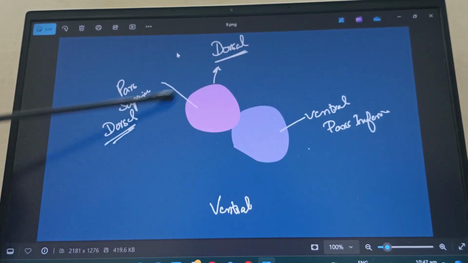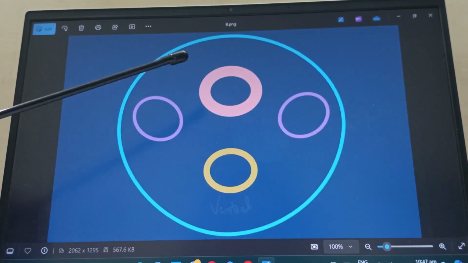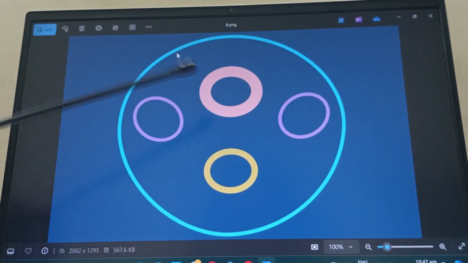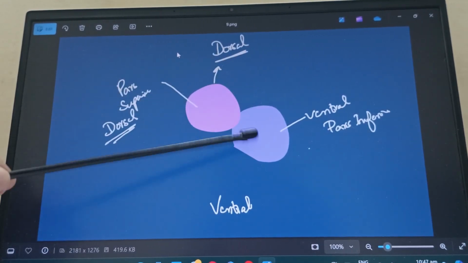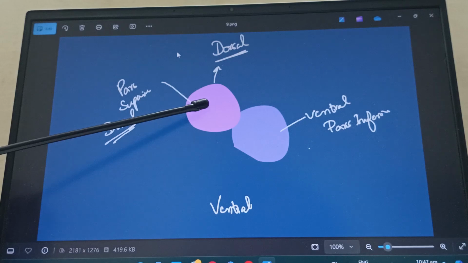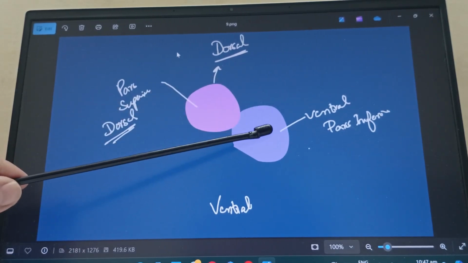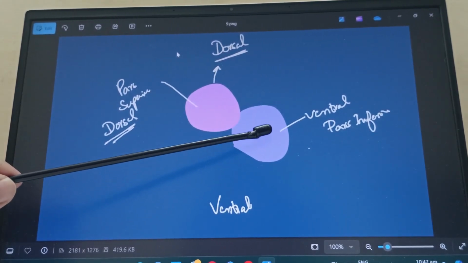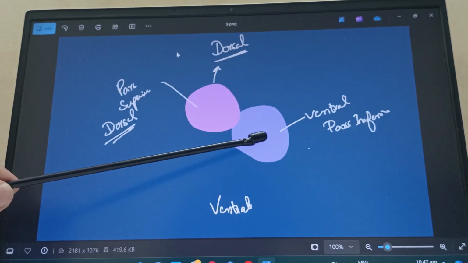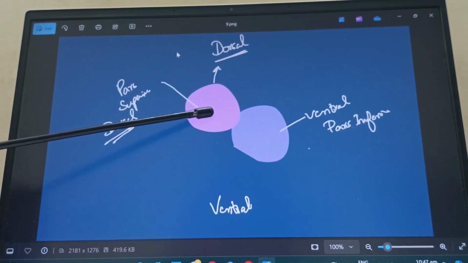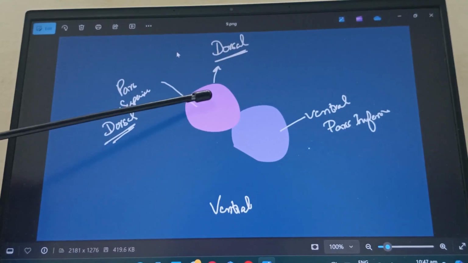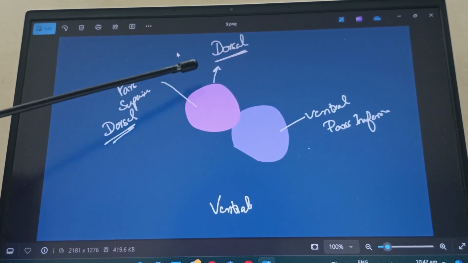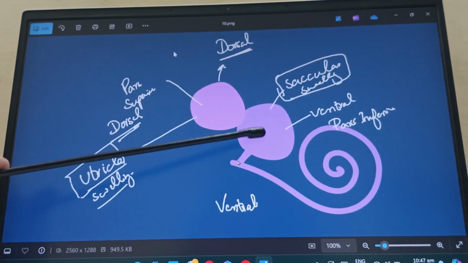That complete rim present initially in the previous picture has to be divided into two parts: the ventral component and the dorsal component. The ventral component will transform into the saccule of the internal ear, and the dorsal component will transform into the utricle of the internal ear. Now you can see this is the saccule.